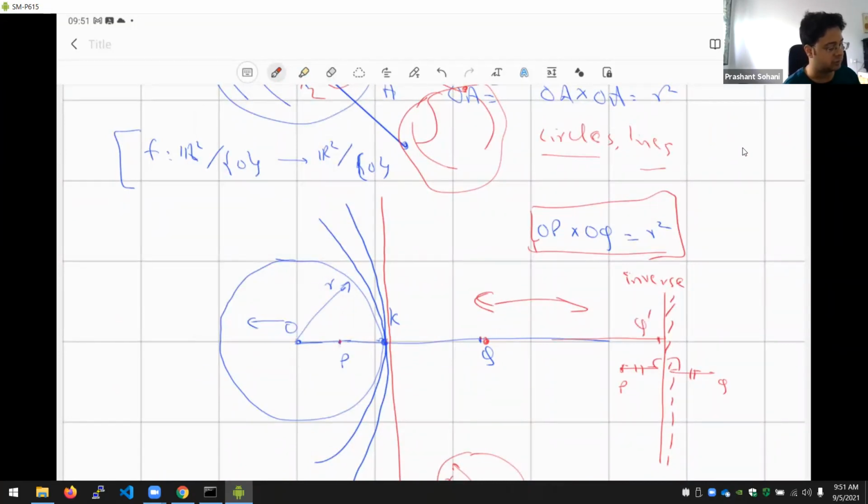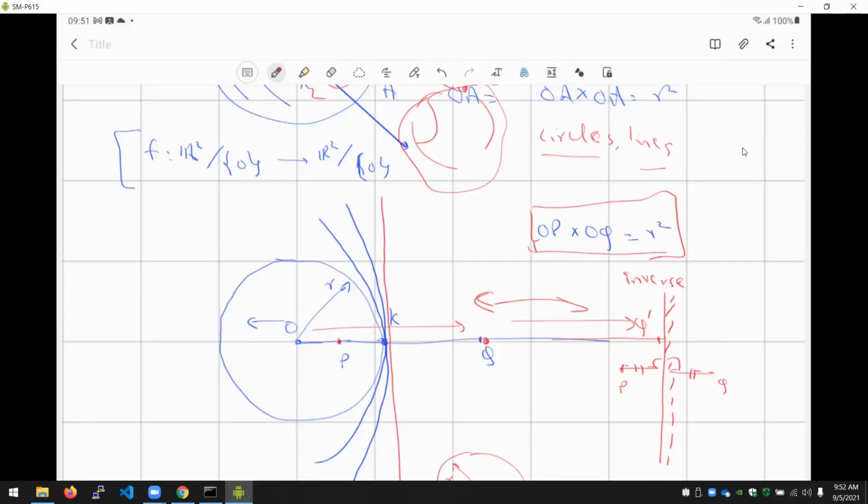Then where will P go? This distance is equal. So where will the inverse of Q dash lie? Sir, closer, at the midpoint of OP. Midpoint. Basically, among these two quantities, if you double one quantity, the other has to come down by half.